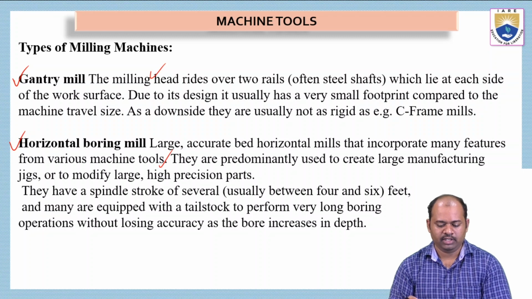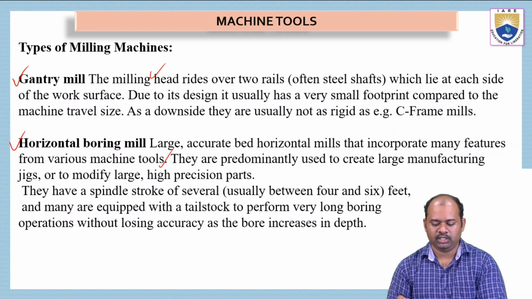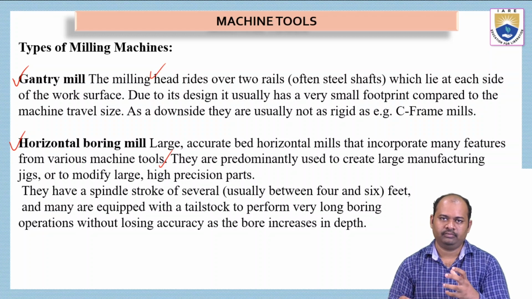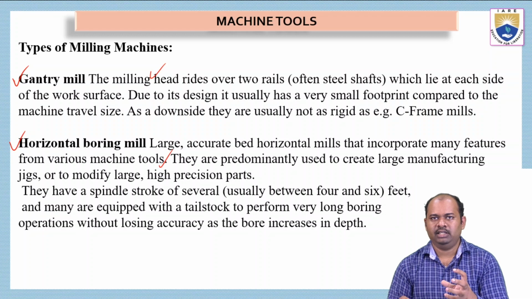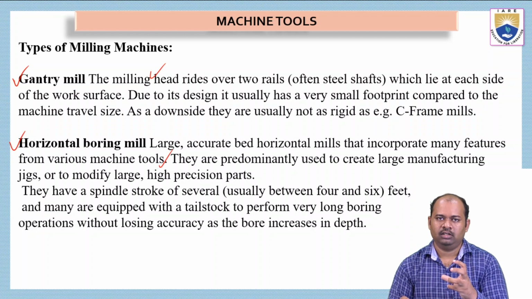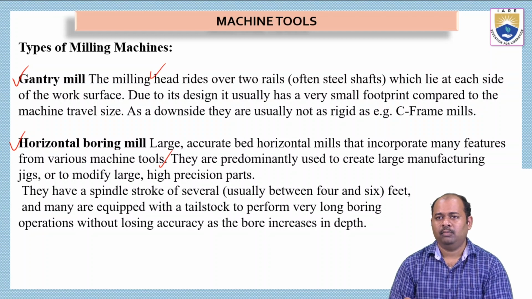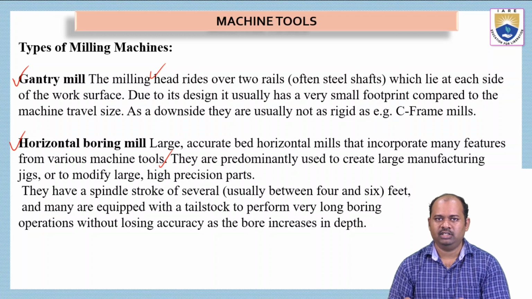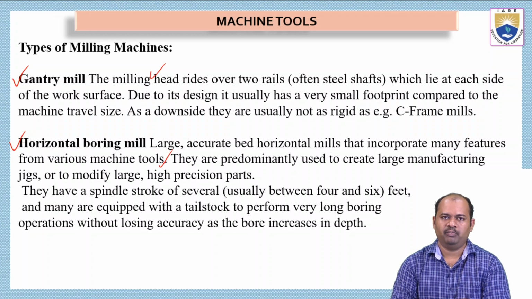They have a spindle stroke of several feet, and many are equipped with a tailstock to perform very long boring operations without losing accuracy as the bore increases in depth. So this is particularly a boring machine. It does not only boring but also all other operations can be done on this machine. But boring is the key thing in which this machine can perform better.